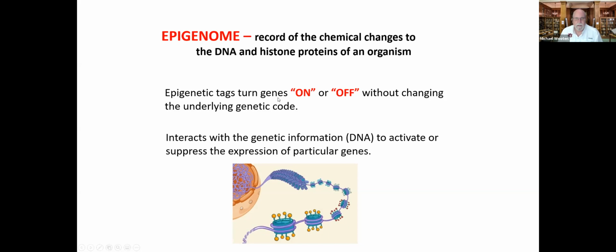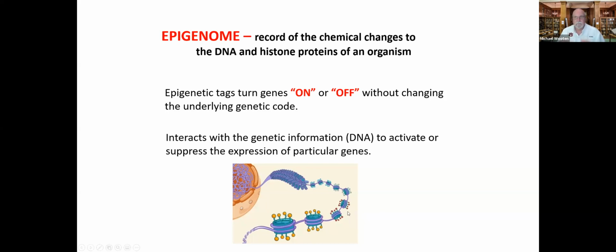These are tags that tend to turn genes on or off, sometimes permanently, sometimes short term. And it's a direct interaction, either directly with the DNA itself, so sometimes it's an effect on the actual DNA code itself, and other times it's on histones, as this illustration shows.